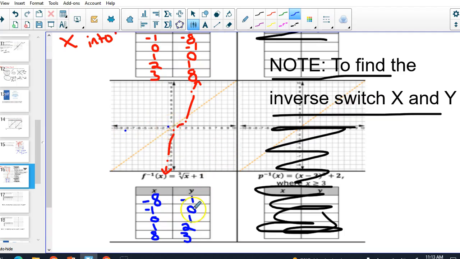We have a point at 0, 1. Point at 1, 2. And then we have a point at 8, 3. Okay, connect these.